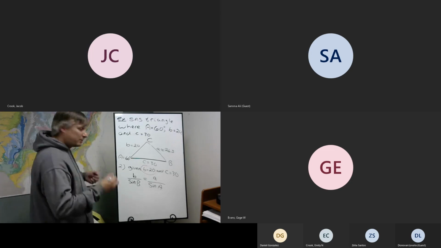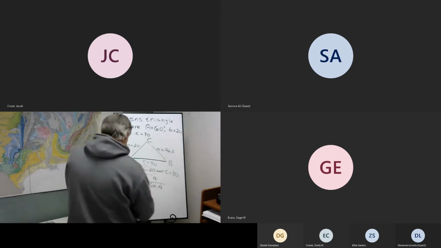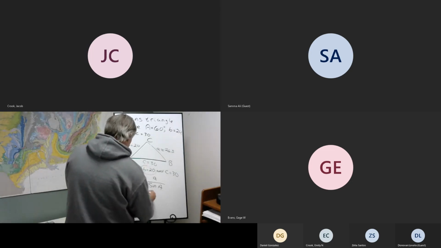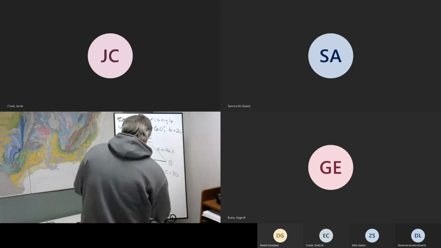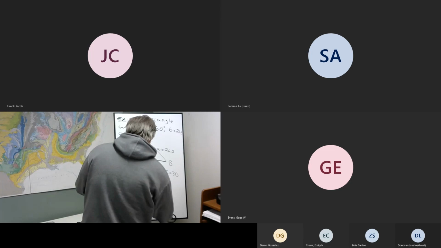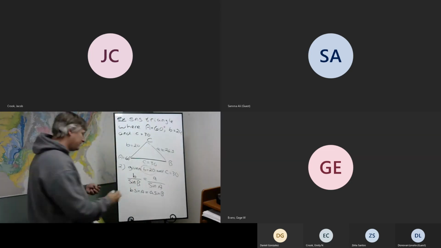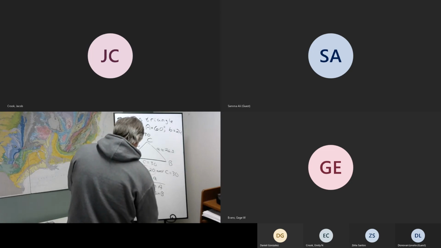So again, we can cross multiply. And I'm going to keep it in formula form. Sometimes this is easier. Keep it with the variables as they appear in the formula before replacing them with numbers. So B sine A. Well, B is 20. The sine of A will be the sine of 60 degrees.